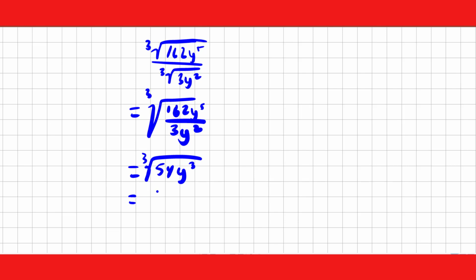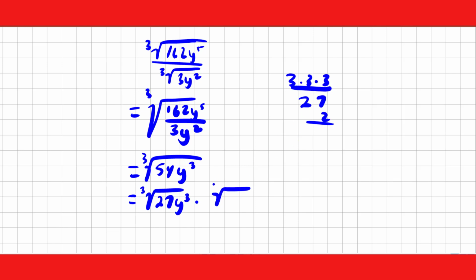So the cubed root of 54, I've got to simplify that. I've got to think about that in cubed roots. So 3 times 3 times 3 is 27. 27 times 2 is 54. So that's going to really get me the cubed root of 27y to the third, times the cubed root of 2, because 27 times 2 gets me 54.